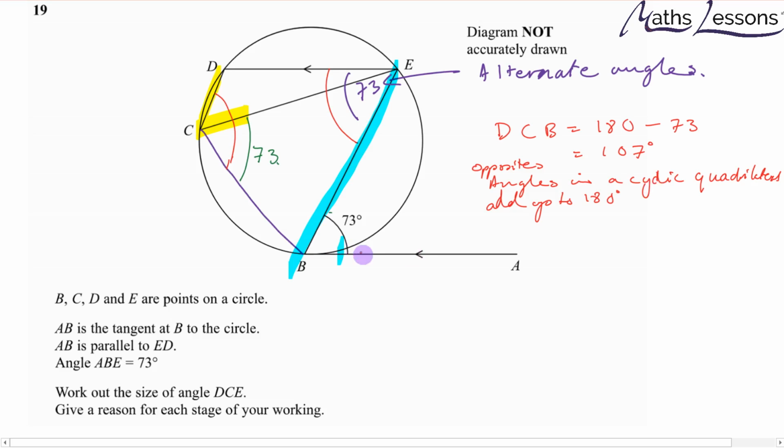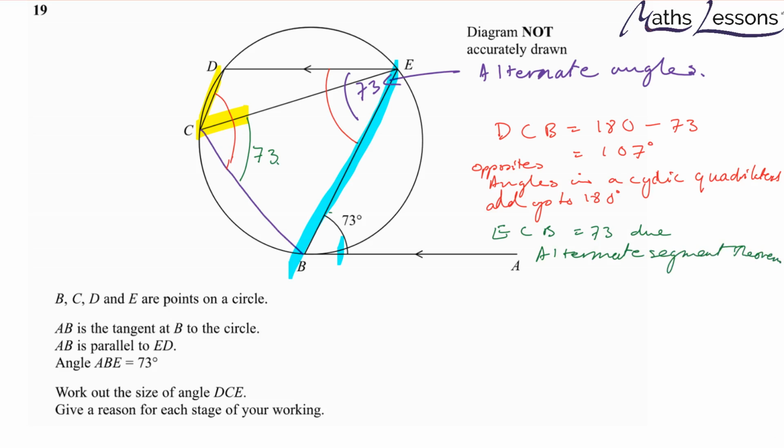Sorry about that. So now, we know that the red one's 103. We know that is 73. Now I want to write that down and write down its reason. So I need to write down ECB equals 73 due to the alternate segment theorem, and therefore everything else is easy.